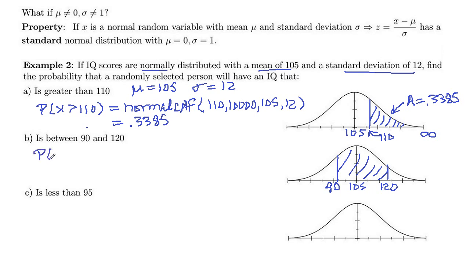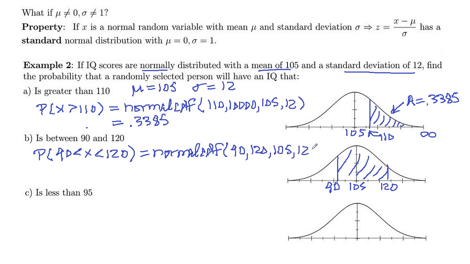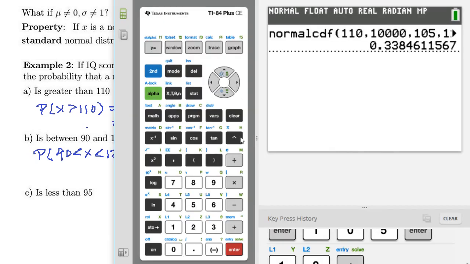So we want the probability 90 less than x less than 120, which is the area between 90 and 120. So that's given by normal CDF. Our lower cutoff, 90, comma, upper cutoff, 120, mean 105, standard deviation 12. Let's enter that in.